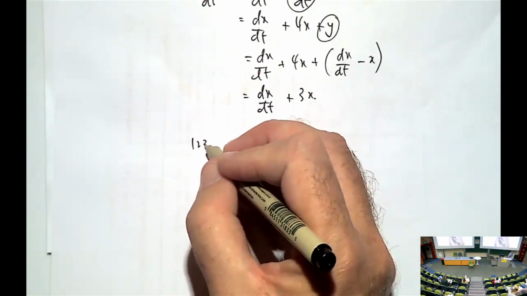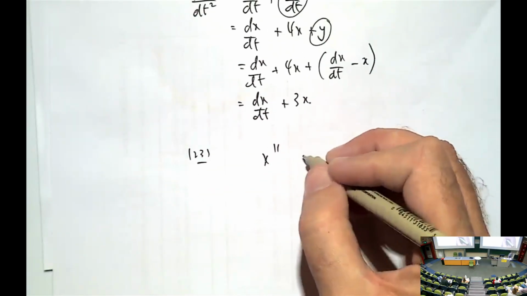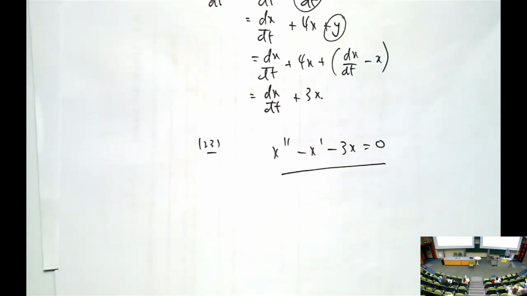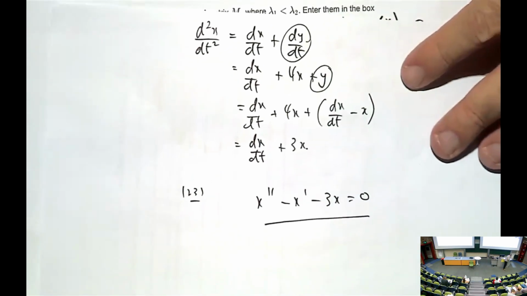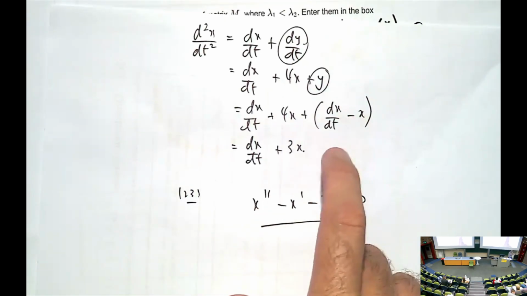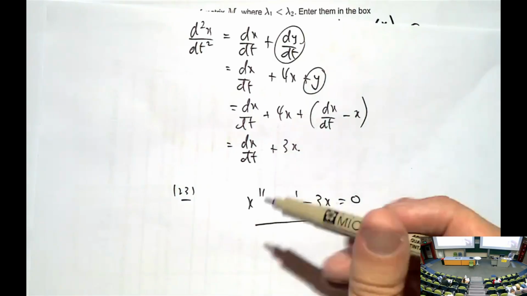It's x double dash minus x dash minus 3x equals 0. Huh? What have I done wrong? Oh, yeah, 2, thank you. 2x dash.